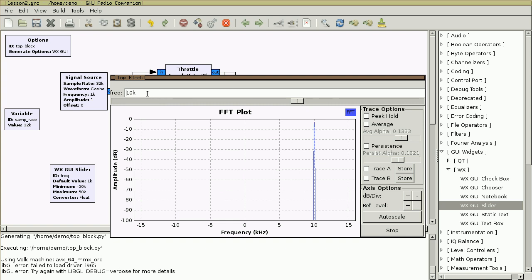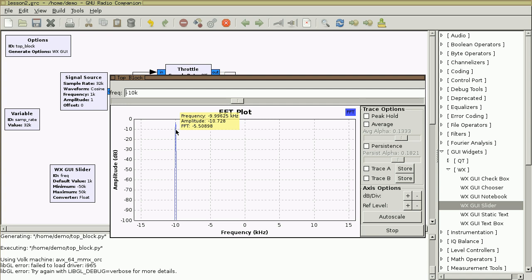If I type in 10 kilohertz, that's how I configure my signal source using this frequency slider. Then the FFT says, yes, you have samples that appear to have a periodicity of 10 kilohertz. And if I type in negative 10 kilohertz, hit enter, the FFT says, that's different. That's negative 10 kilohertz, not 10 kilohertz. I find that to be extremely mysterious.